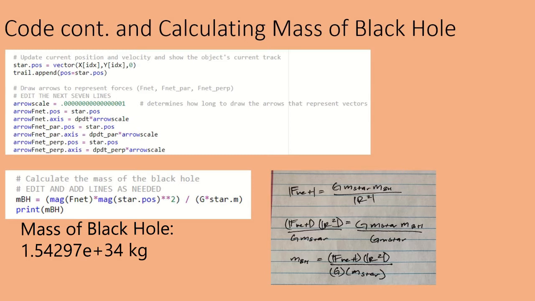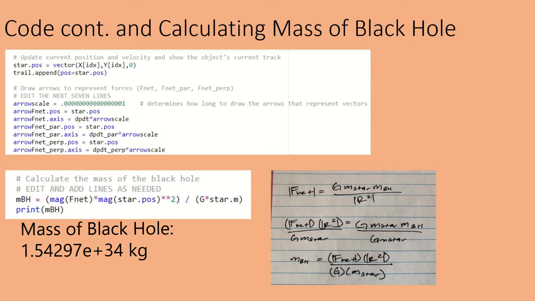And we need the net force because we know that the net force is equal to G times the mass of the star times the mass of the black hole divided by the radius squared, right? We're given the radius, and we just found the net force, and we have the mass of the star. So we can rearrange the equation to equal what you see on the screen.